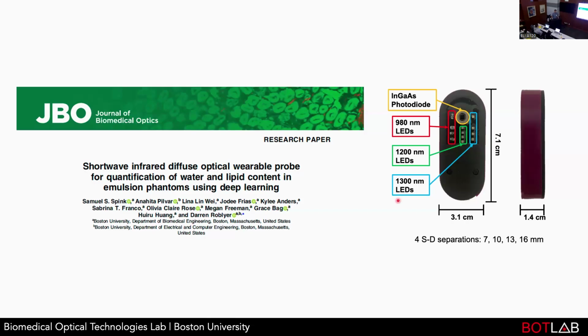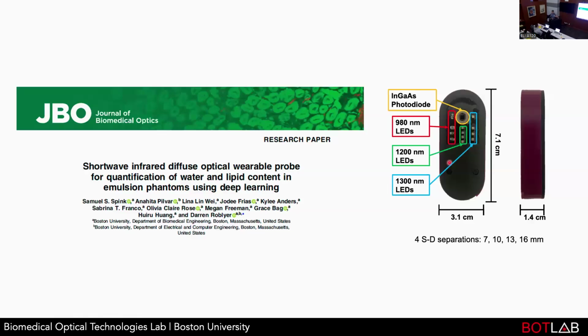The semiconductor material InGaAs has a lower energy band gap, which allows you to detect those lower energy photons at longer wavelengths. We made this device with 980, 1200, and 1300 nanometer LEDs, spaced at different source detector separations, 7, 10, 13, and 16 millimeters, largely dictated by how close we could get them to the photodiode, and then we spaced them out after that.